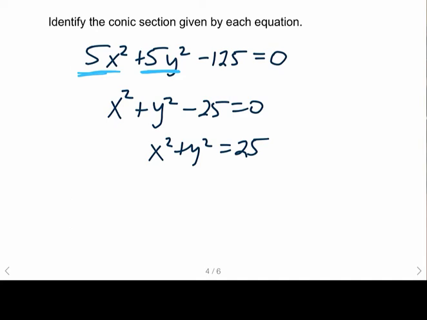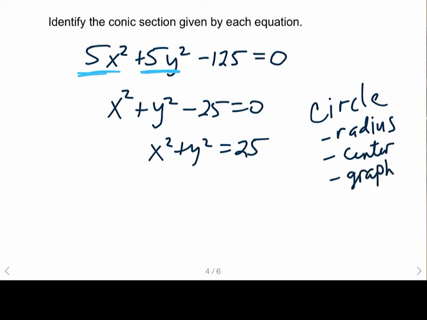Now, let me write that down. Circle. And so you would want the radius and the center, and then you would draw the graph. Okay. Now, I'm going to change it up a little bit. Suppose it was originally 5x squared plus 5y squared plus 125 equals 0.